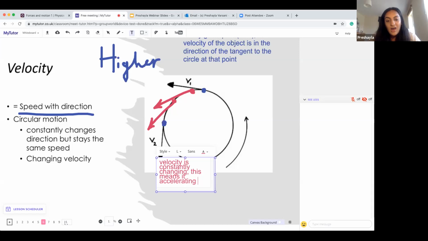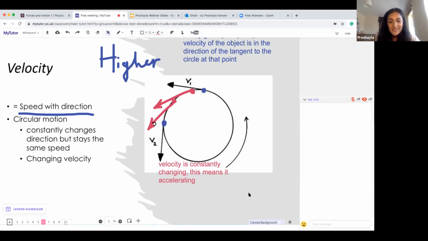But your car is still going at the same speed, still doing 10 miles per hour or whatever it is, but it's accelerating. Really weird, because we've always thought about acceleration to be getting faster, right? When you accelerate in a car, you get faster.